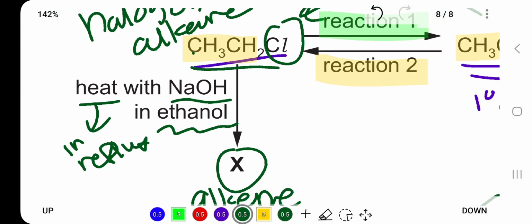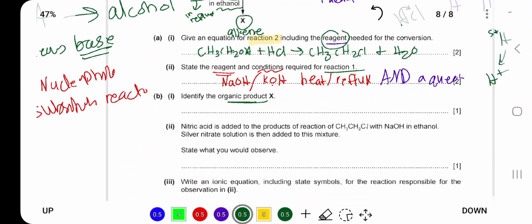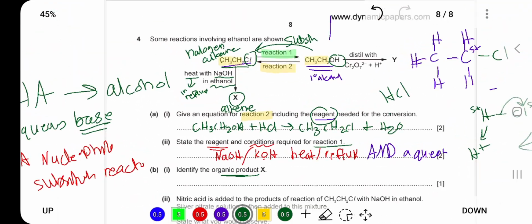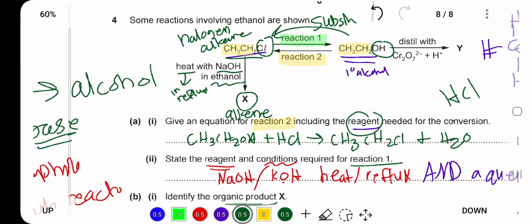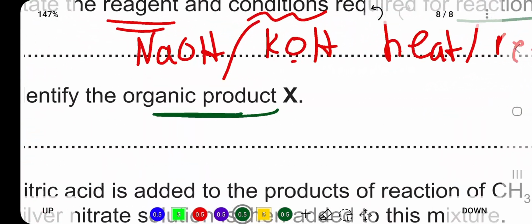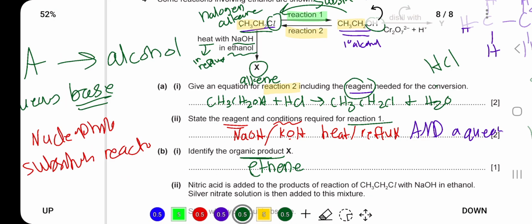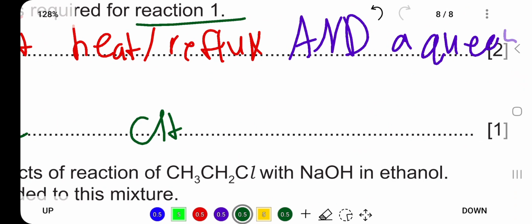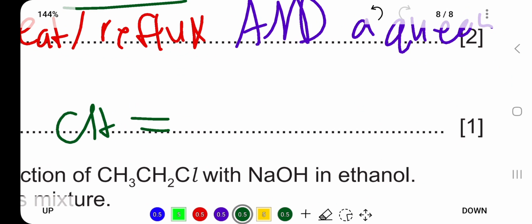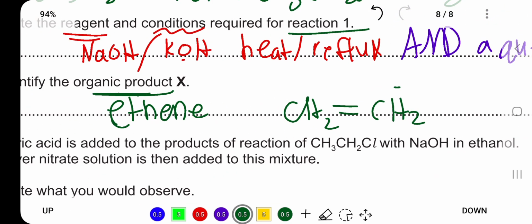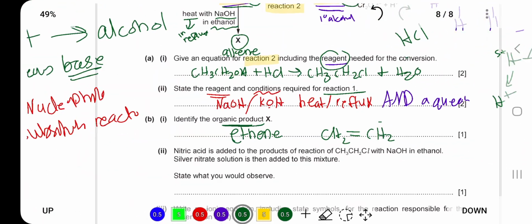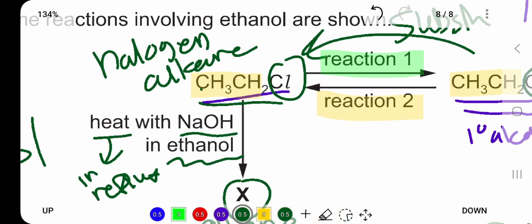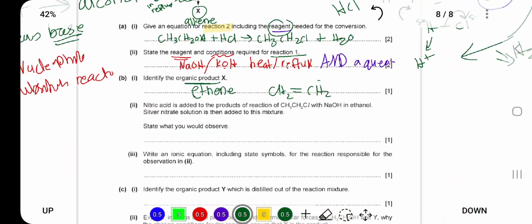We have two carbons, so it's going to be ethene. The question gave both ethane and ethene, I don't know why, but the correct answer is ethene, an alkene. That is one of the reactions of the halogenoalkane that you should learn.